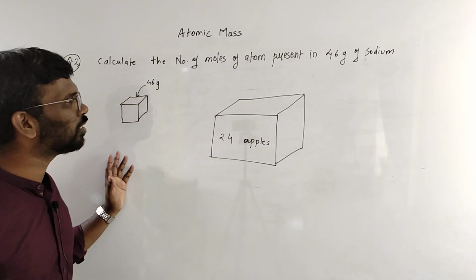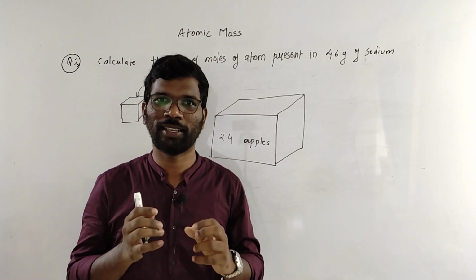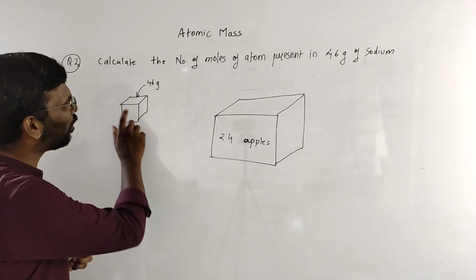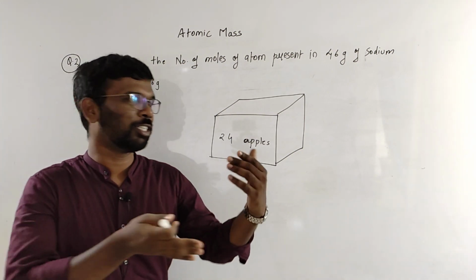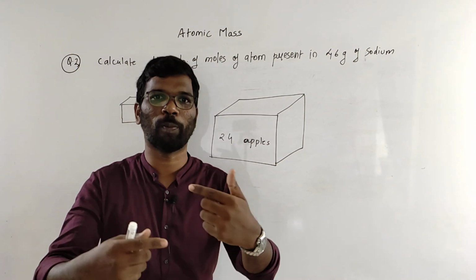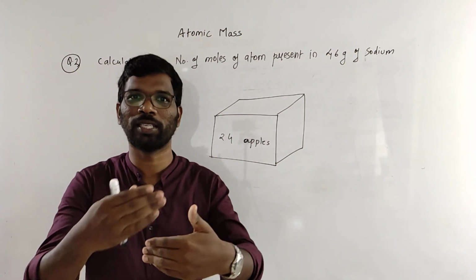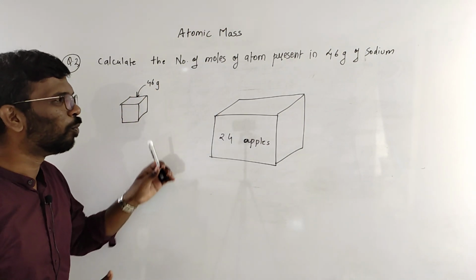In the first question we found out total number of atoms present in the given 46 gram of sodium. Here we are going to find how many moles are present. Like in the first question for the apples I asked you how many apples, you said 24. In the second question I asked you what is dozen. Same way I am going to ask you over here how many moles are there.